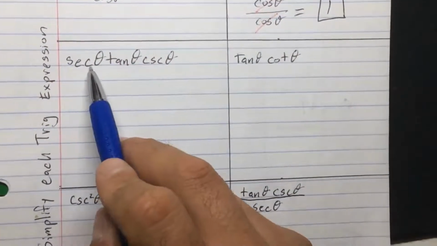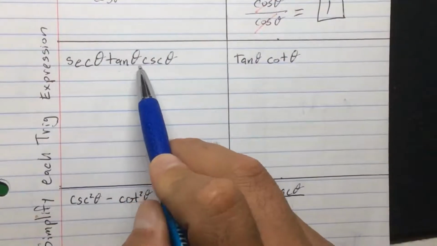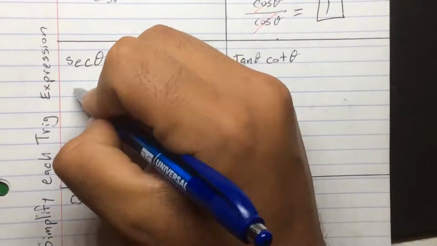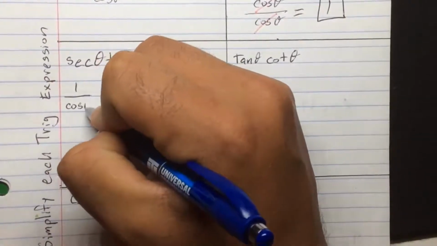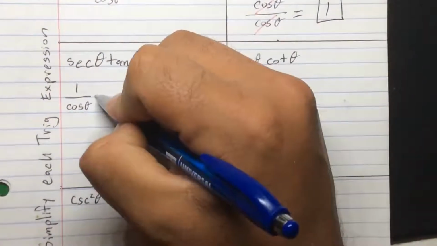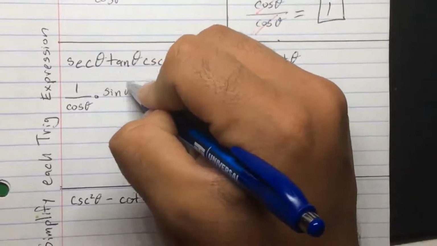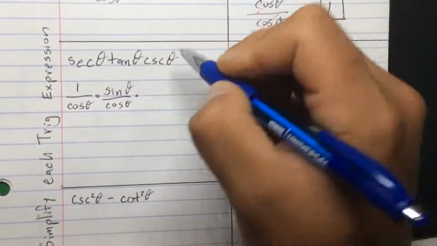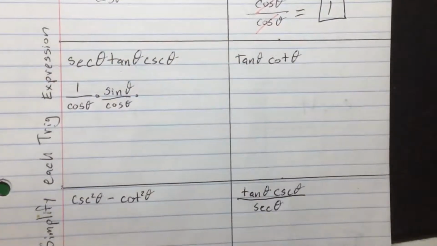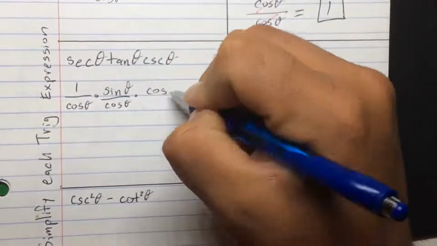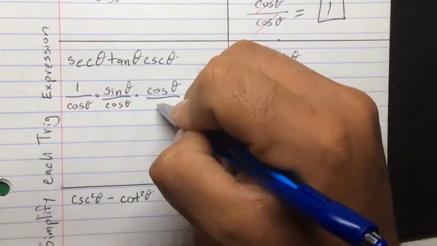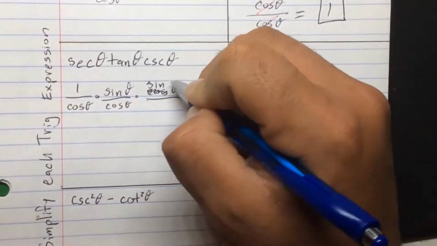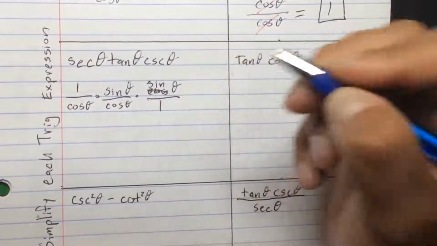Next one here. We have our secant theta times tangent theta times cosecant theta. So our secant theta is 1 over cosine theta. Our tangent theta is sine theta over cosine theta. And our cosecant theta is sine theta over 1.